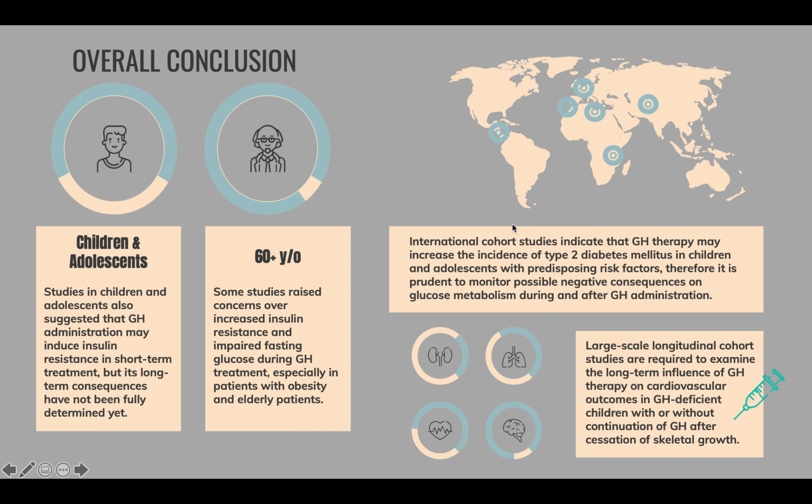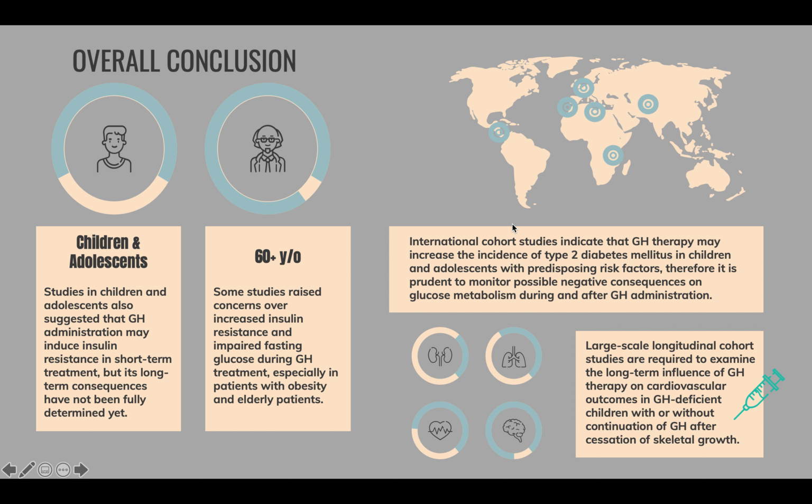International cohort studies indicate that growth hormone therapy may increase the incidence of type 2 diabetes in children and adolescents with predisposing risk factors. Therefore, it is prudent to monitor possible negative consequences on glucose metabolism during and after growth hormone administration.